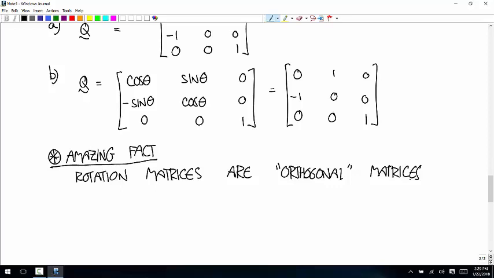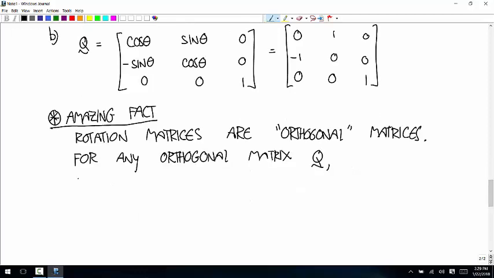The group that it's part of are orthogonal matrices, and what that means to us is that for any orthogonal matrix Q, Q transpose is Q inverse.